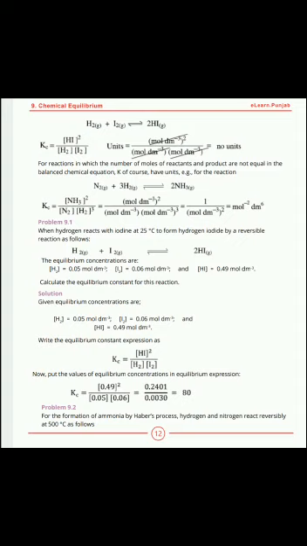Otherwise it will be wrong. It depends only on the equation. Kc is equal to, because you have to write the products in the numerator. If products are HI, then you will write HI in the numerator, and if you change your equation so that hydrogen and iodine are in the products, then you will write hydrogen and iodine in the numerator.